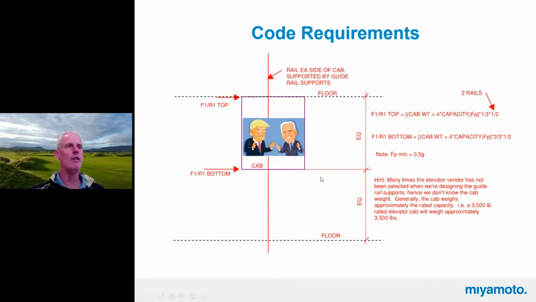So if you have a 14-foot floor to floor, your load is going to be at 7 feet. Pretty simple, right? There's also a code requirement that Fp can be no less than 0.5 G. That's been around for a long time. In fact, all of this is fairly simple.